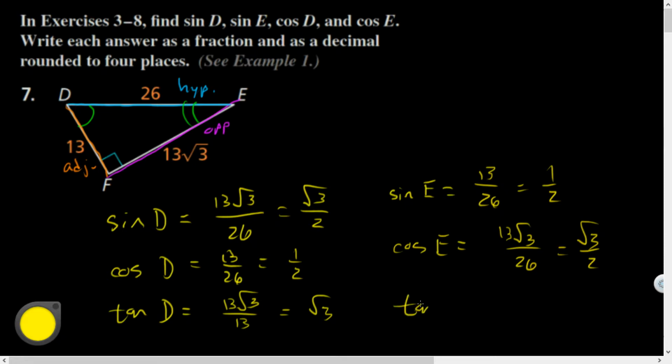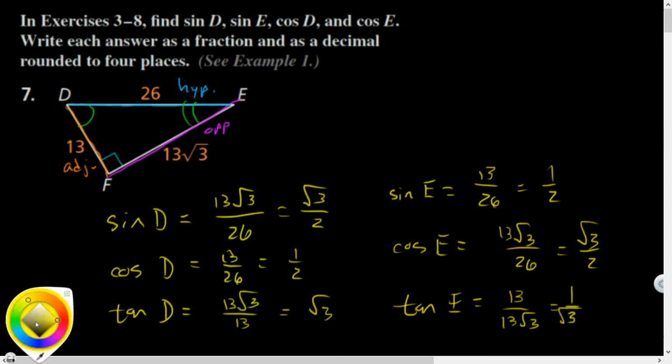And what would tan E be? Tangent from E's perspective, actually this one would be a little bit trickier. It's opposite over adjacent, which is the same as 1 over the square root of 3. But wait a minute, we can't leave a radical in the denominator.